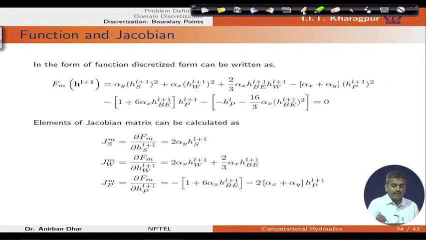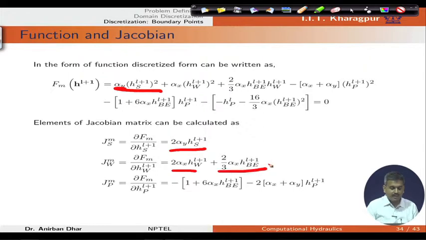So, if we consider our function format, again 2 alpha y H s, this is coming as western. So, from western side 2 alpha x H W L plus 1 and 2/3 alpha x H B L plus 1, this is there.